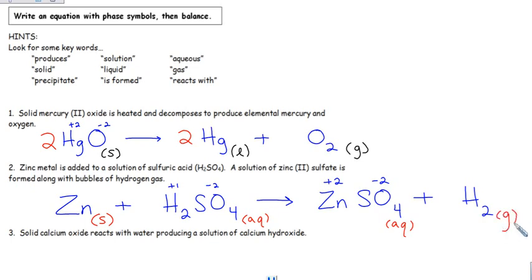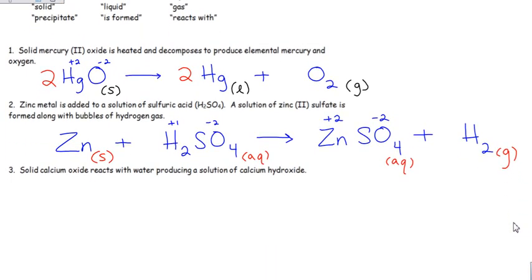Well, there. I think these are almost kind of fun, actually. It's even more fun to go in the lab and run the reactions, and then we can observe the properties of the 2 products. Number 3. Solid calcium oxide reacts with water, producing a solution of calcium hydroxide.